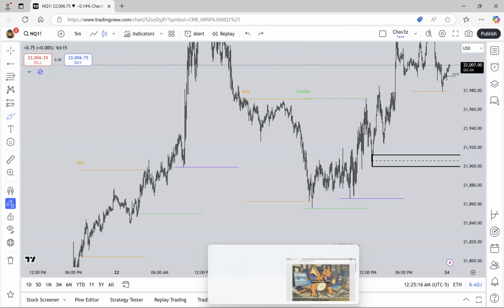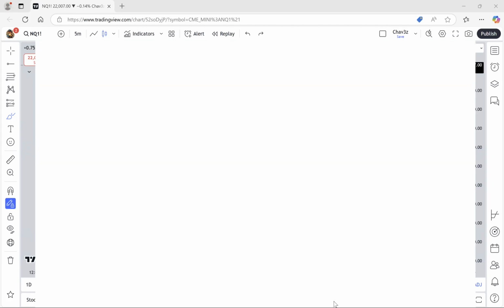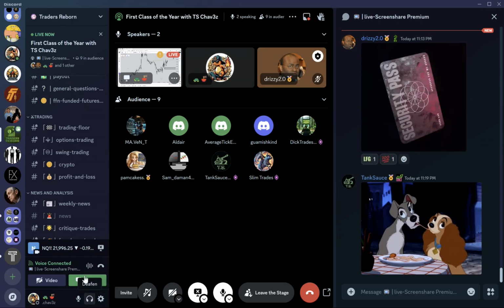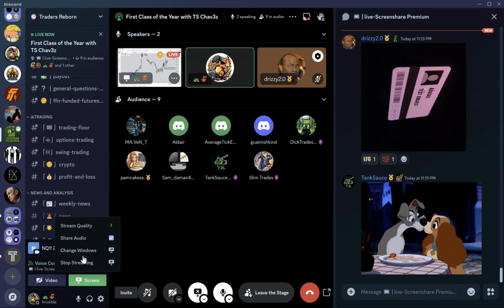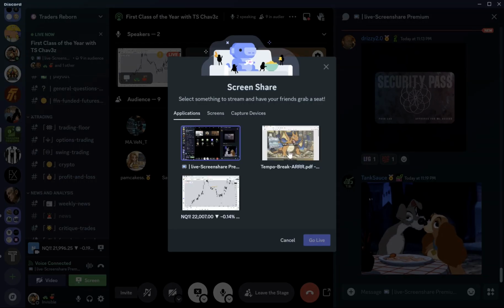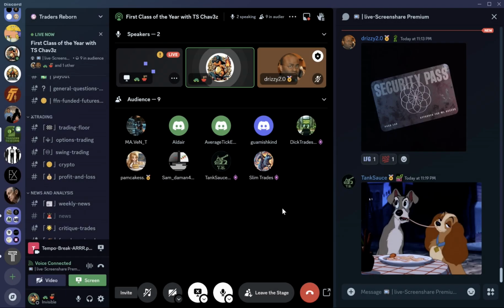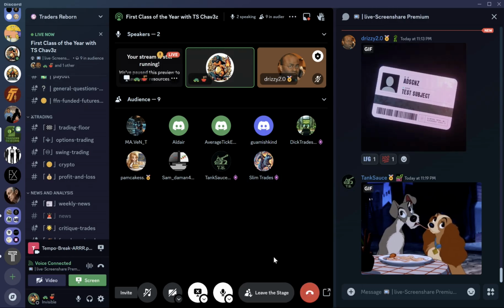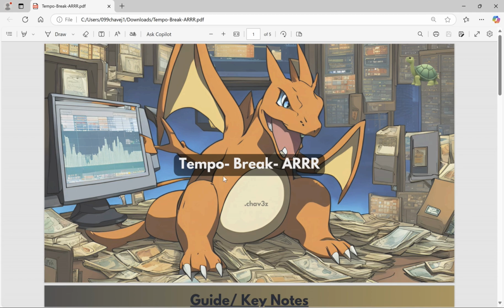So if we go to the PDF, let me open the PDF and just make sure you guys can see it. I gotta change my screen real quick, guys. So if we go to the PDF, right, what I've called this trading model is tempo breaker, right?